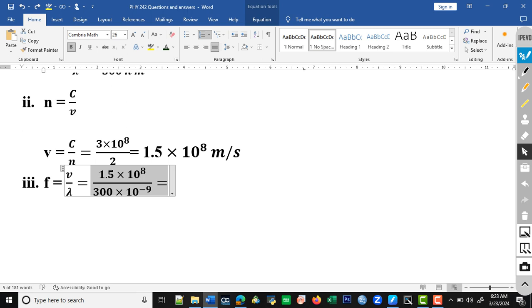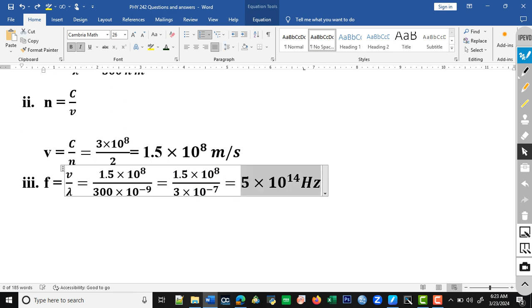If we convert it to standard form, our index here was minus 9, and we have two positive zeros here, which affect our index, and it reduces to minus 7. If we divide the numerator by the denominator, then we have a single value for the frequency, which is 5 times 10 to the power 14 hertz.